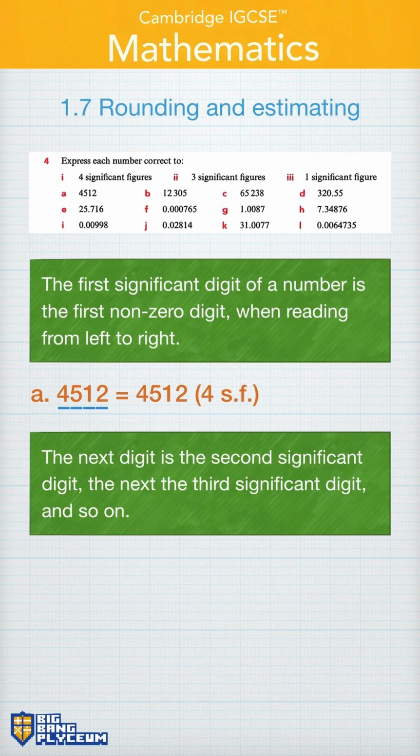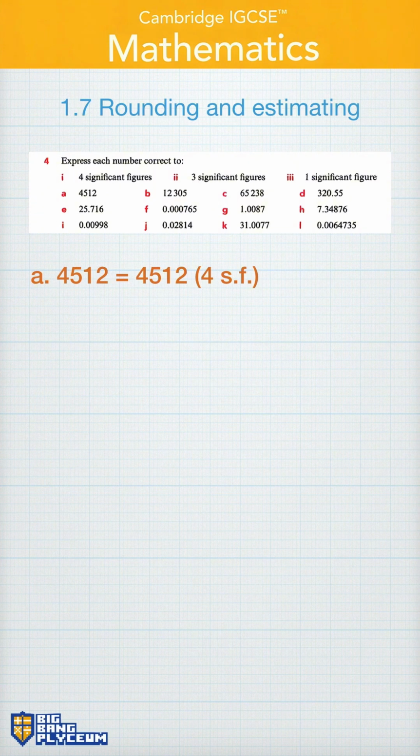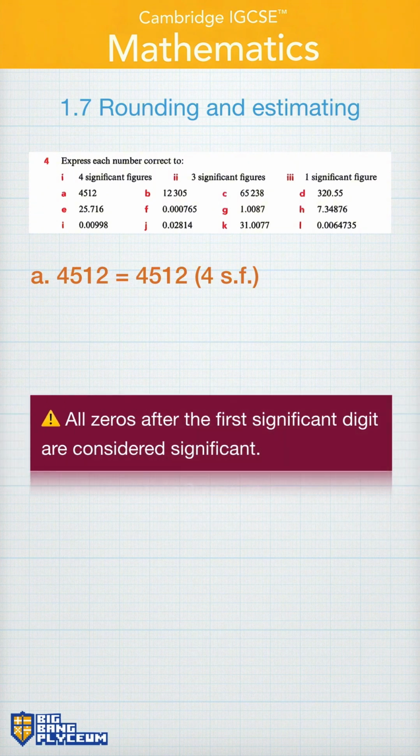Very good. And how about the other 2? Well, let's take a look. But before we move on, we have to be very clear that all zeros after the first significant digit are considered significant. Which means that you don't want to eliminate any zeros after this digit.